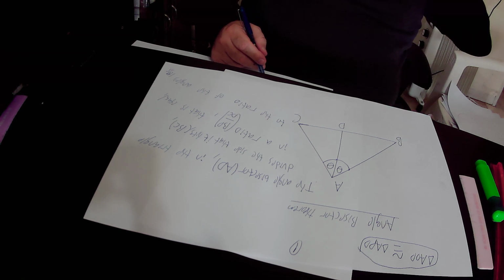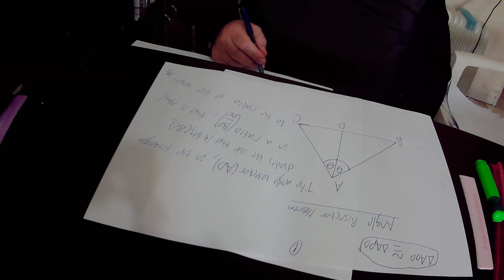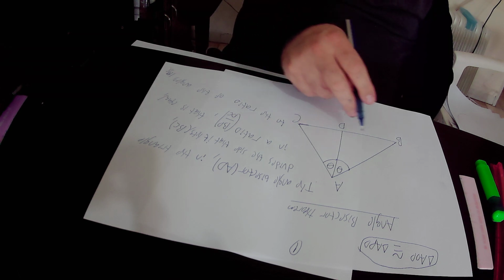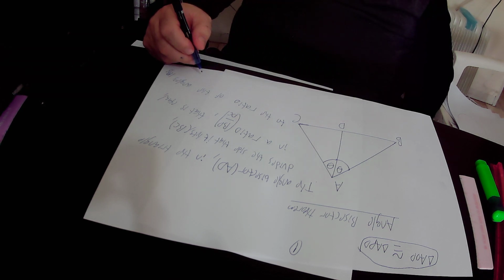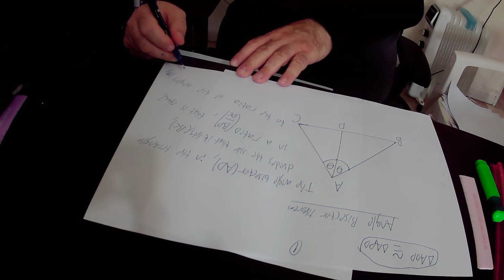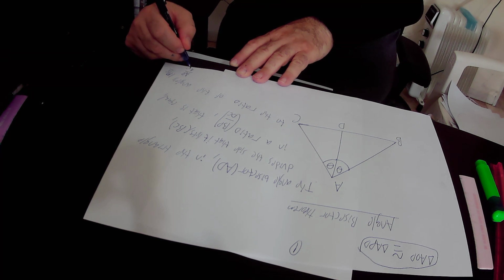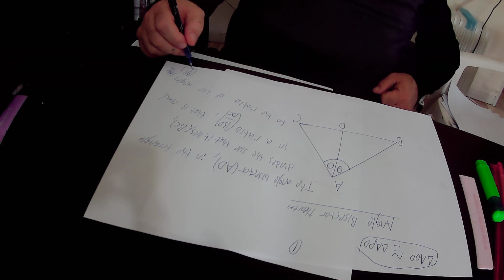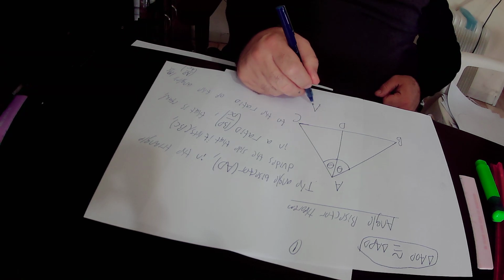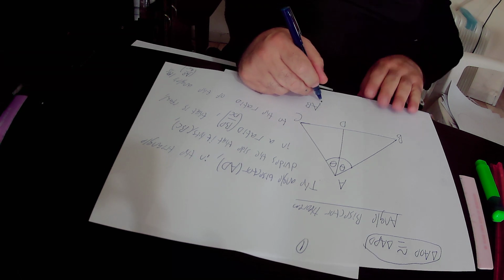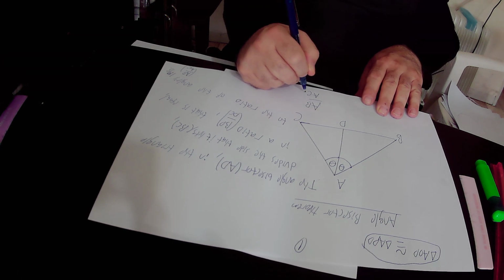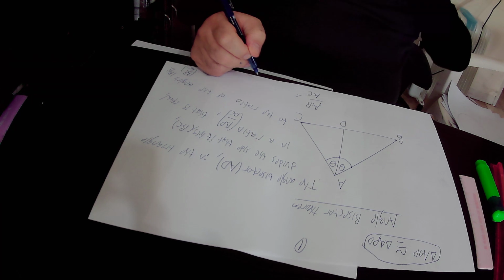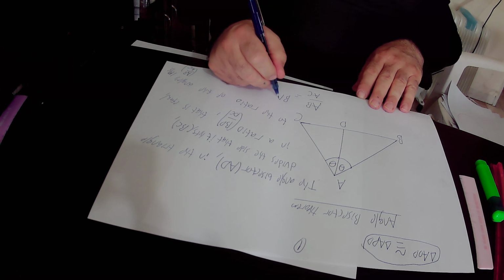And the ratio between those two legs is AB over AC. In conclusion, we found out that AB over AC equals BD over DC.